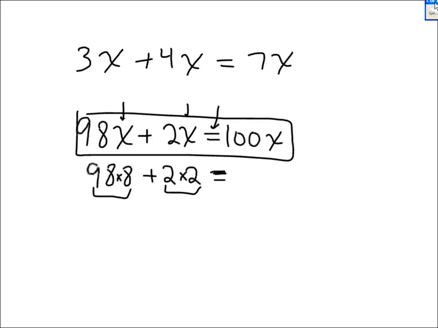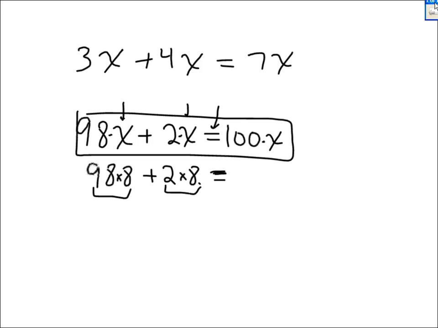Well, if they're equal, then it must be true for any value x. Like 98 times 3 plus 2 times 3, it must be 100 times 3. And of course, I do have a typo, excuse me, x is 8. 98 times 8 plus 2 times 8.